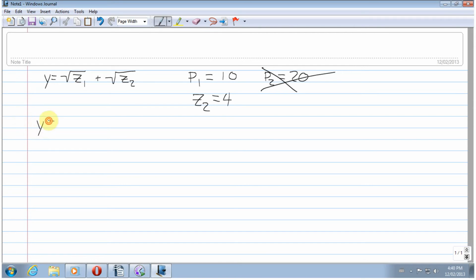Okay, so I'm going to rewrite this production function, substituting in that Z2 equals 4, and thus that root Z2 equals 2. So that means that y minus 2 equals root Z1, and that our short run conditional input demand is Z1 star.